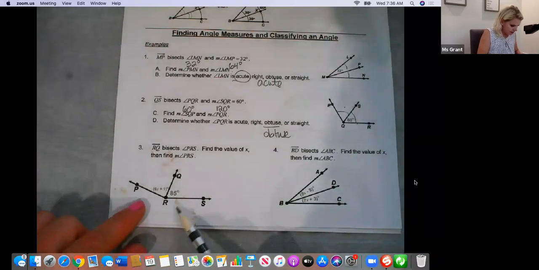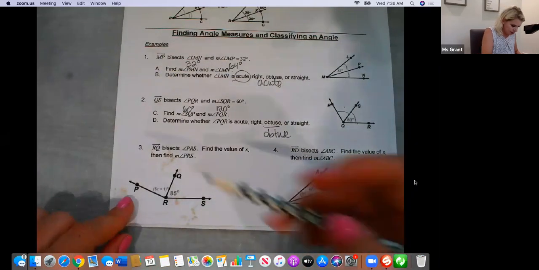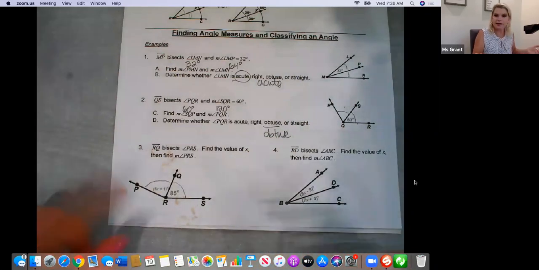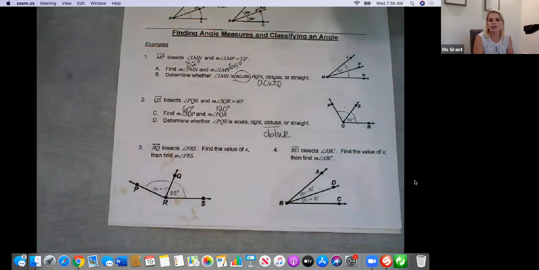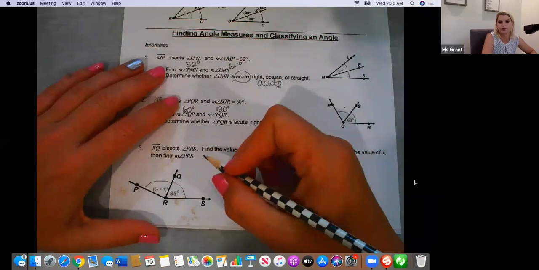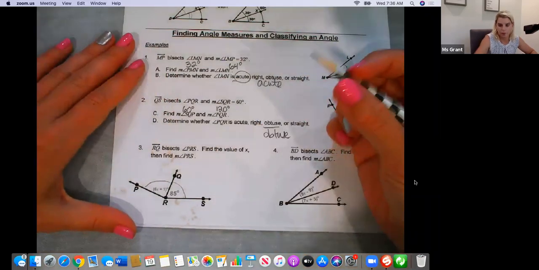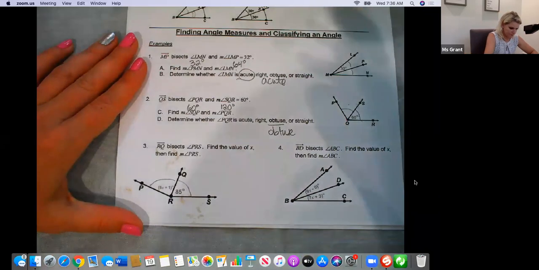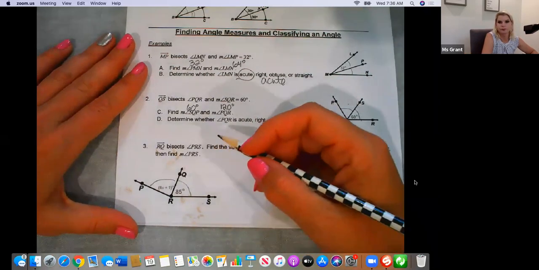RQ bisects PRS. This is the middle. So these two are equal. Find the value of X. Someone want to give me an equation so that I can find the value of X? Elise? Right.